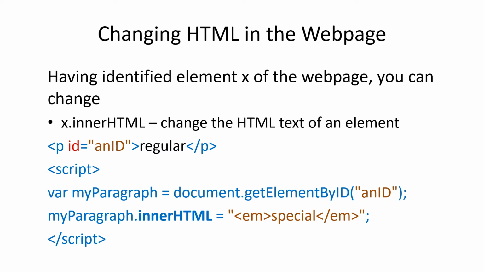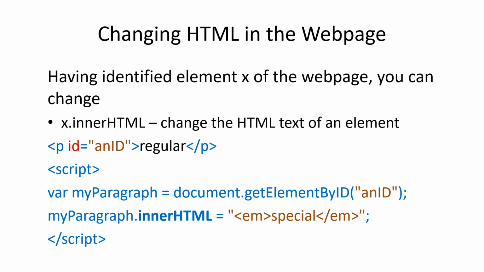So in this example, we have a paragraph starting with the bracket P and ending with the slash P, and there's text that is regular. And it has the ID, myID, very original. And then down in the JavaScript, we first find that object. We do that by calling getElementById on the document object, specifying the ID we want, and that returns our paragraph.